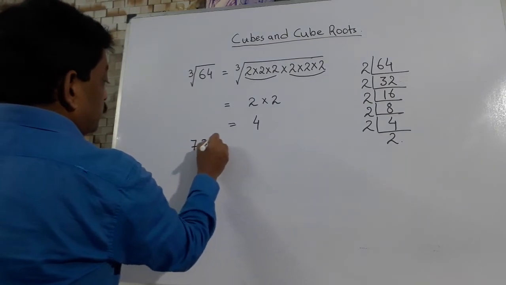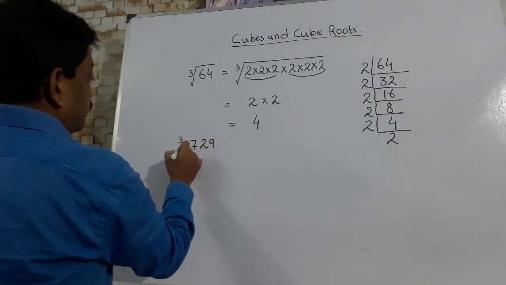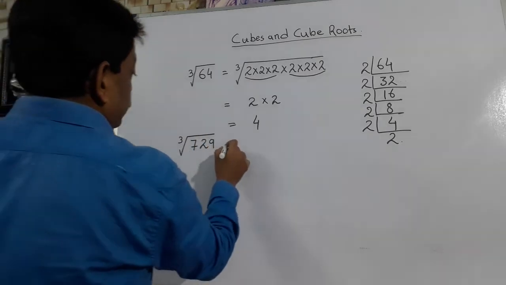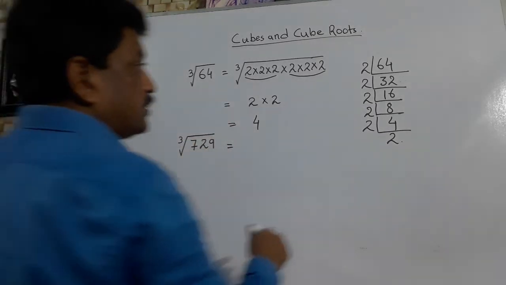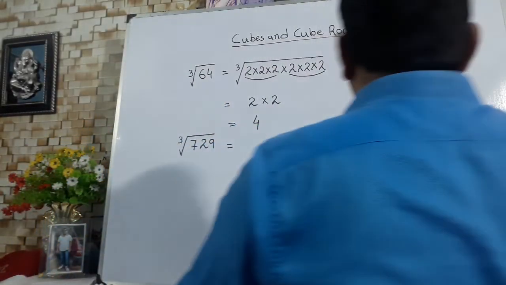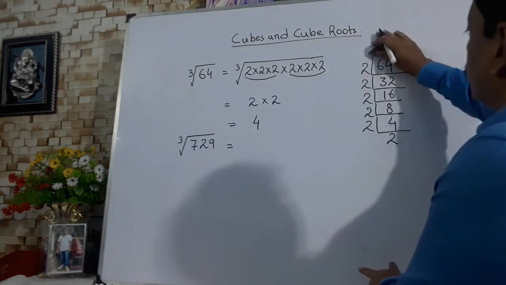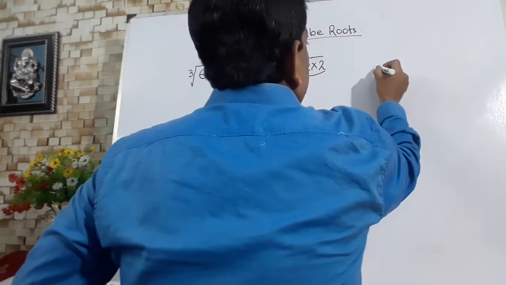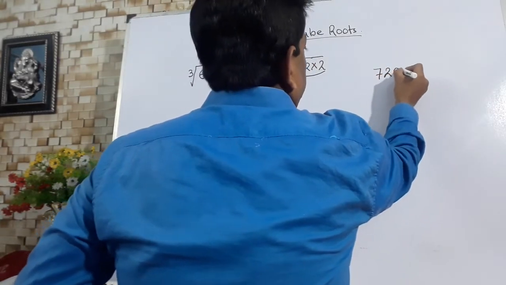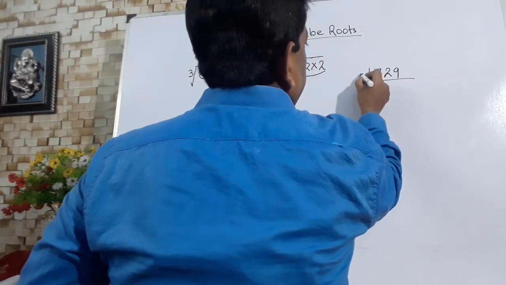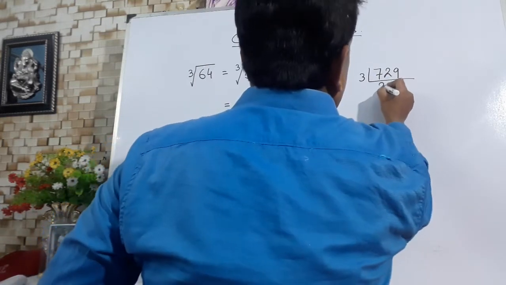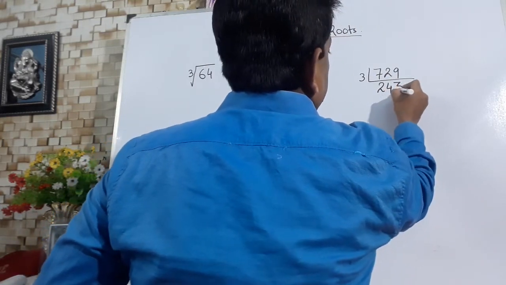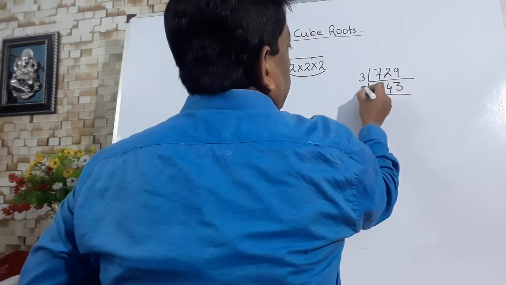729. We have to find the cube root of 729. So in the same way, let us resolve 729 into prime factors. First of all, we have to express 729 as the product of primes by factorizing it.